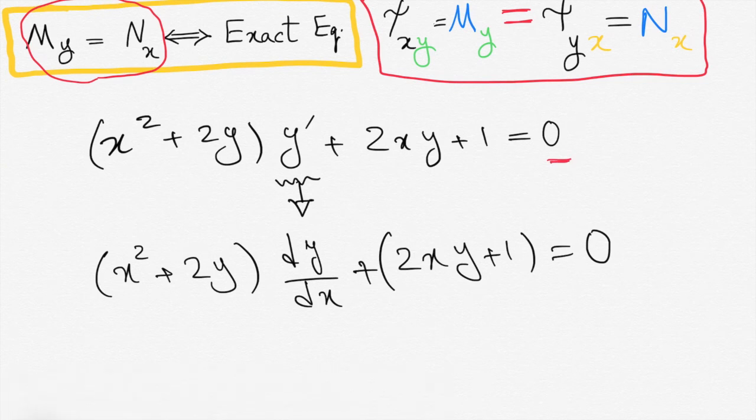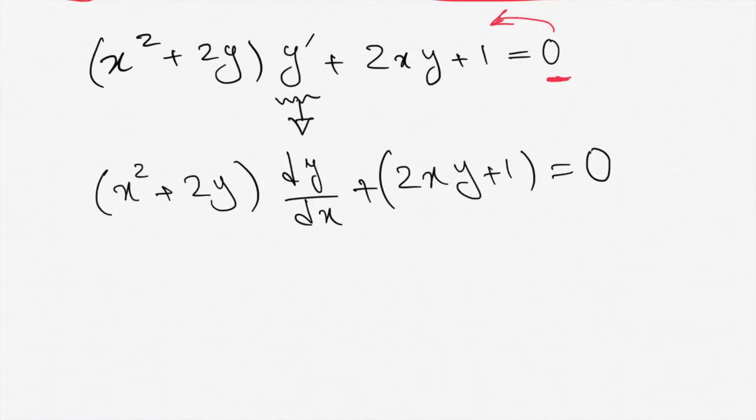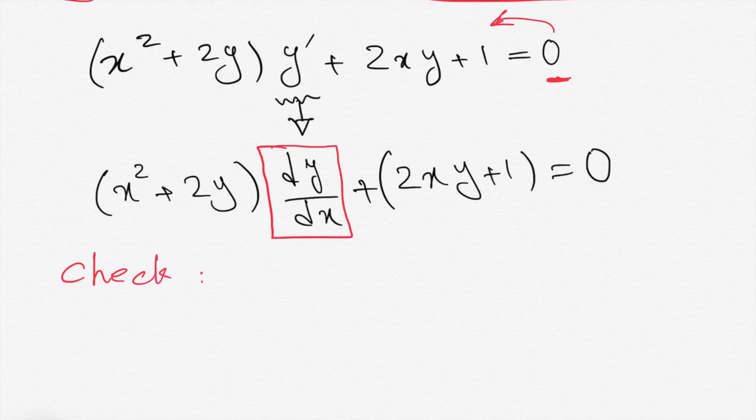This 0 is a very important part here, right? Otherwise, you should just bring all of the parts to this side. So why do we think about it? Because we have dy over dx.